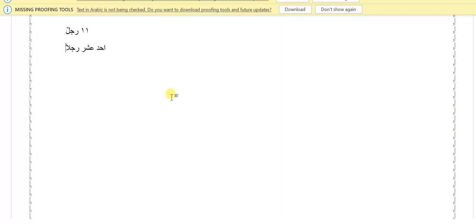So here ahada ashara: ahada represents 1, ashara means 10, so 1 plus 10 is 11, and rajulan is the madud, and here the madud will be mansoob with fatha on it and it will be wahid. Okay, so ahada ashara rajulan, that's for wahid.